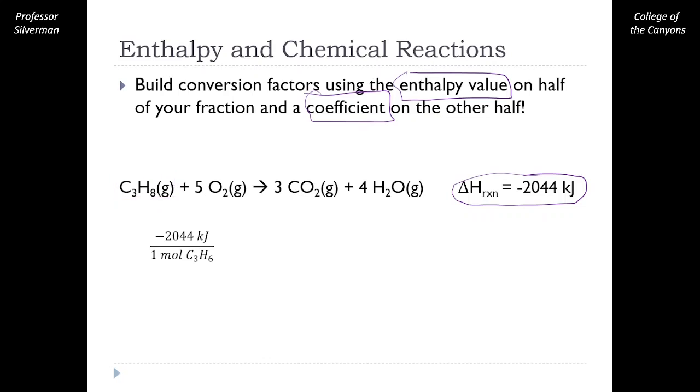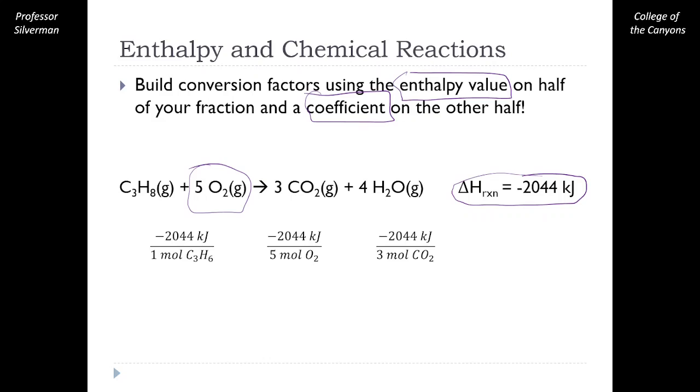If we care about oxygen instead of C3H8, we can make a different conversion factor using oxygen instead. If we care about CO2, we can build that conversion.